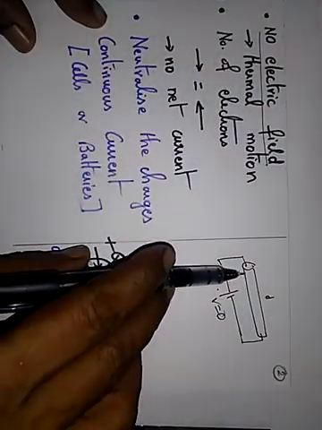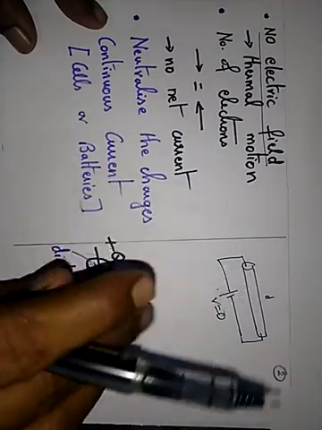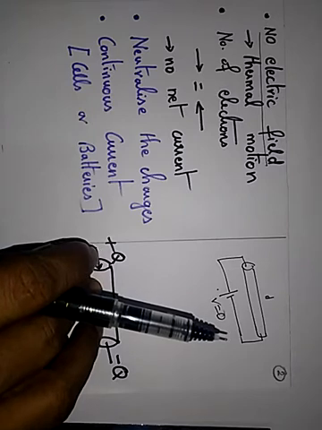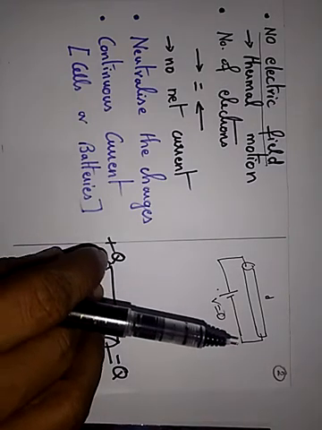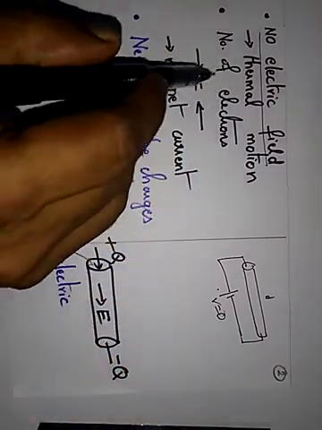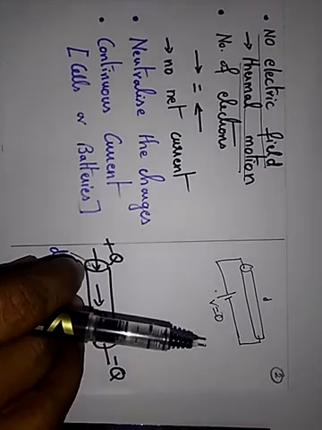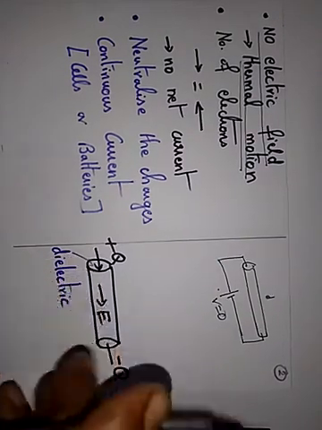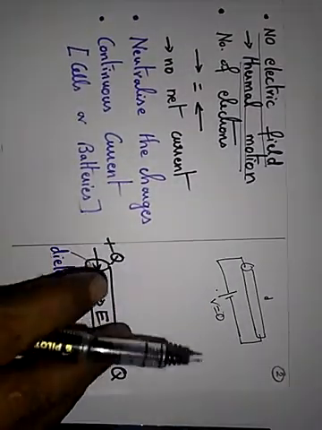So we said already in conductors there are free electrons. So what happens to those free electrons? The electrons will be moving due to thermal motion. Due to thermal motion they will move randomly and collide with the fixed ions.